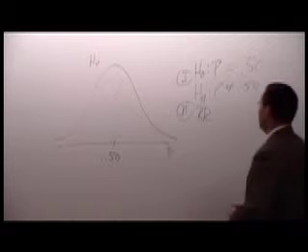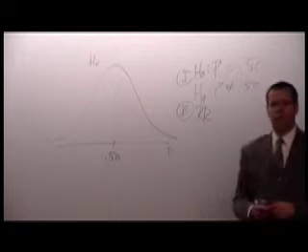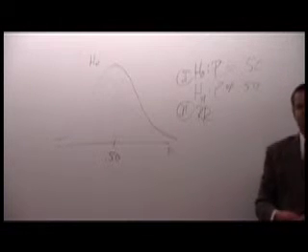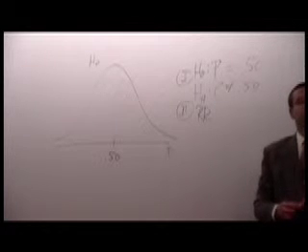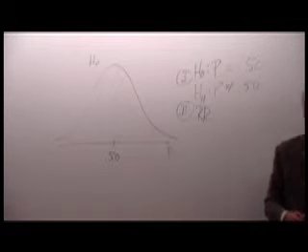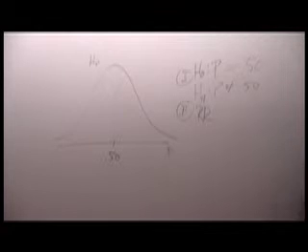Alpha, good. And how shall we deploy alpha? Alpha contains 5% of the curve. Yep. And the chart tells us that that equates to 1.645.